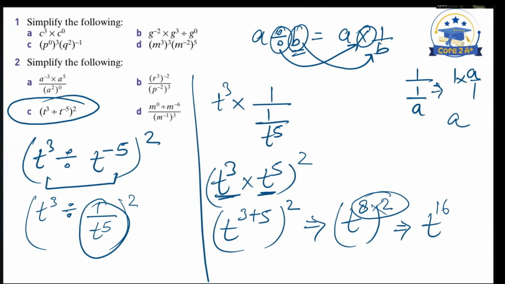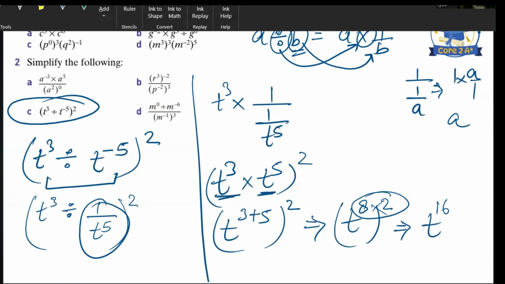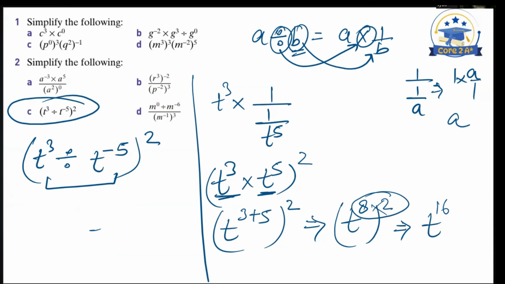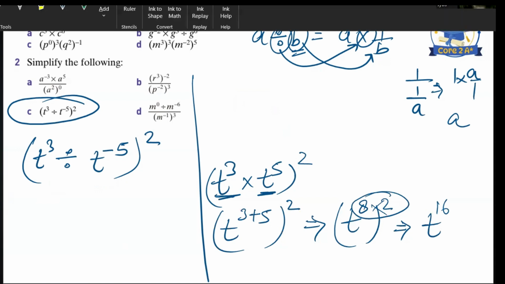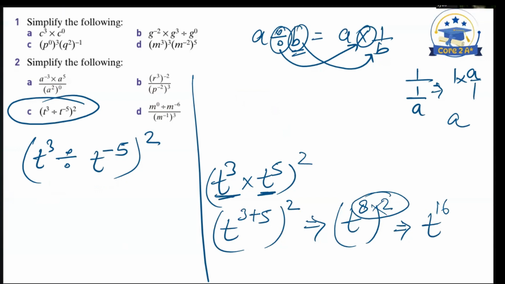Or you can also solve by this technique. Both are correct, but for some students it might be difficult. So for those, let me explain by a different method. T to the power 3, okay?